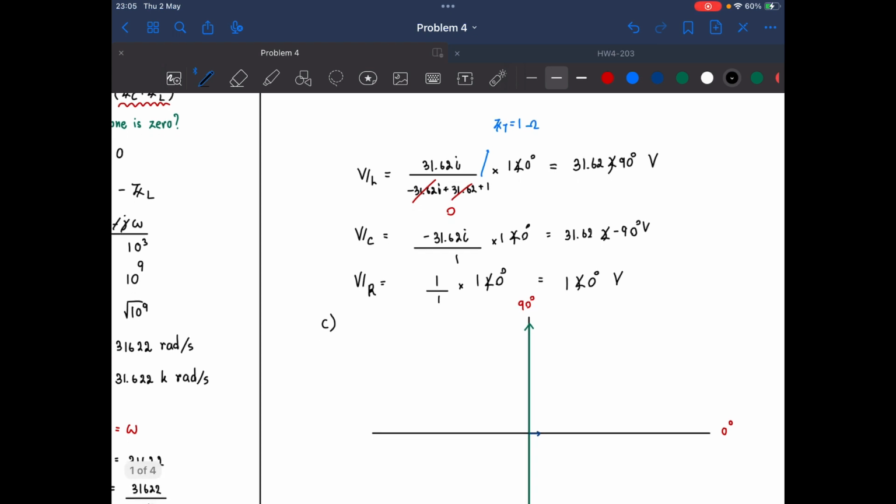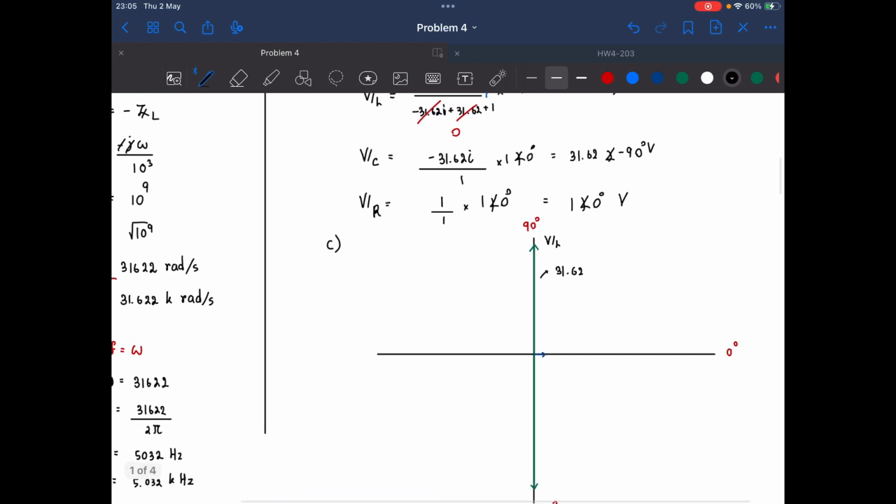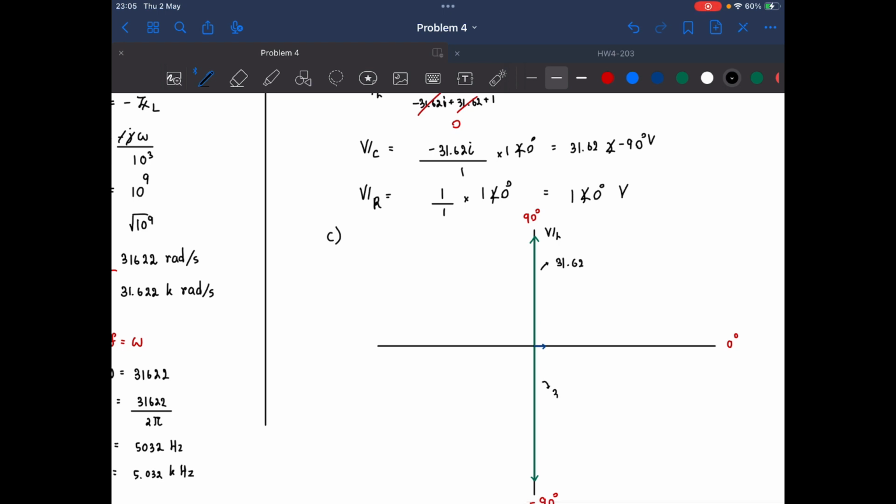Then we know that this and this one have a magnitude of 31.62, and we can see again that the V for the capacitor has the same magnitude but a different phasor.